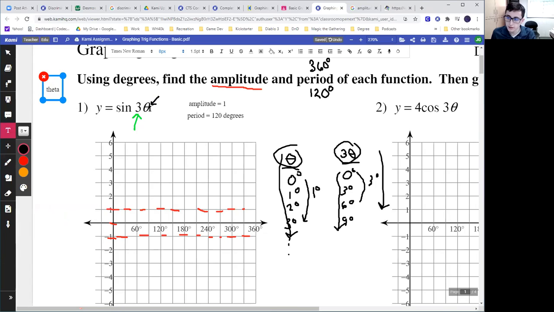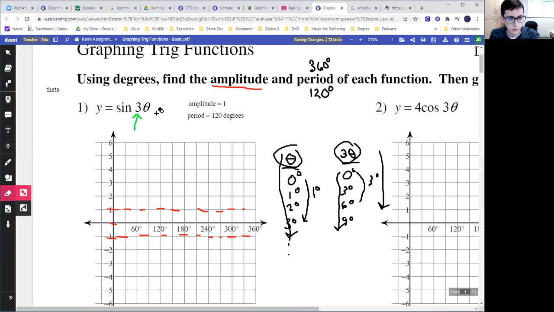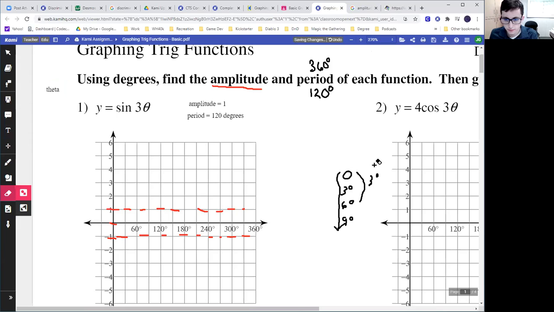It's similar to x, except when you see a theta, you think, oh, that's an angle. X is usually an unknown number, theta is an unknown angle. Anyway, all right. So our period is 120 degrees because it's 1/3 of 360.